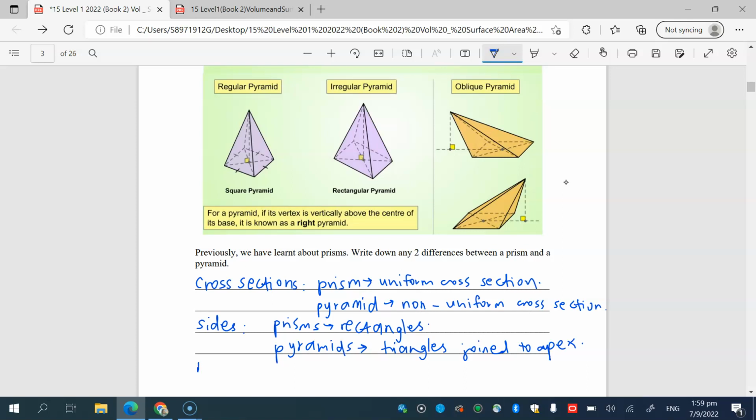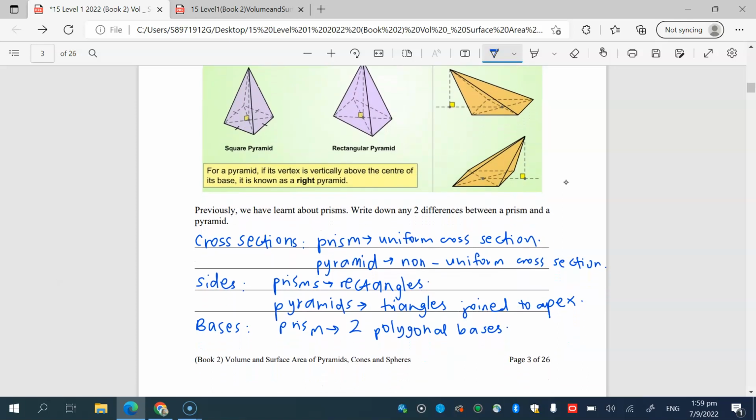There's also one more. For the bases, for prism, there will be two polygonal bases. And then for pyramid, there's only one polygonal base at the bottom.